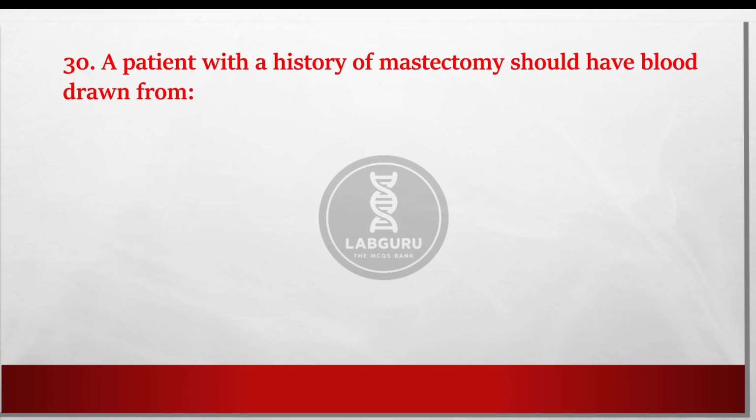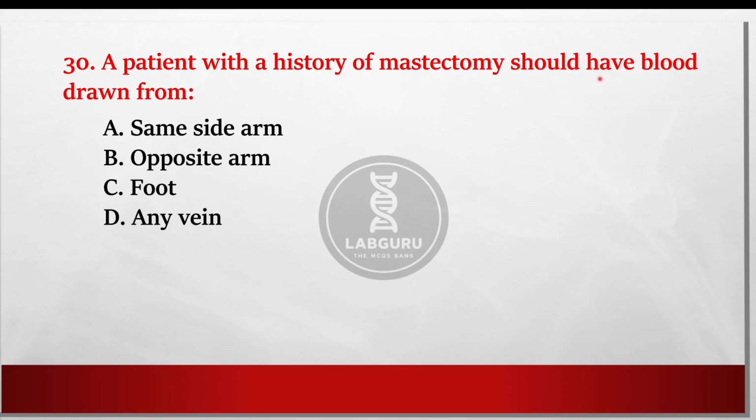The last question is here. A patient with a history of mastectomy should have blood drawn from: mastectomy means the surgical removal of the breast, mainly done in breast cancer. If it is on the right side, which side will we prefer for blood collection? The options are option A, the same side; option B, opposite arm; option C, foot; and option D, any vein you can choose.